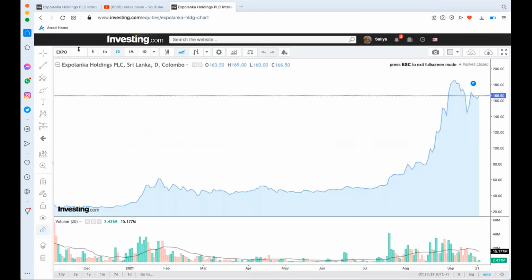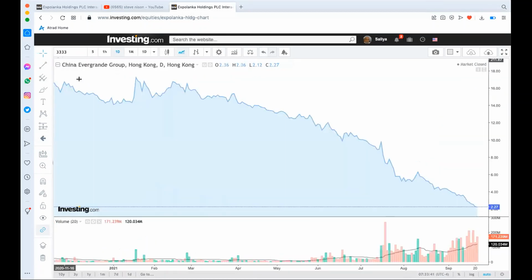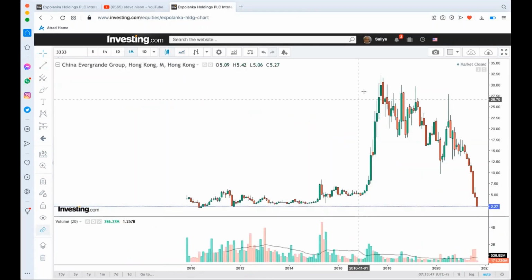So then what I did was I went and searched for that chart. This is China Evergrande Group, listed in Hong Kong. This is the chart that everyone is talking about. This is a daily chart. If you go to the monthly chart, you will see that from here, it has started coming down.